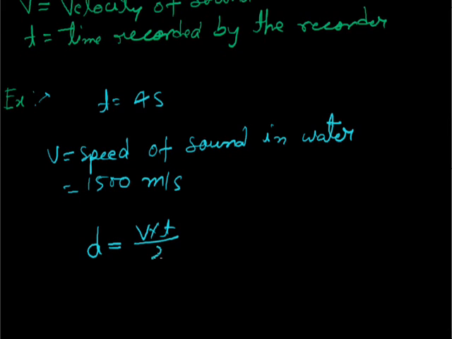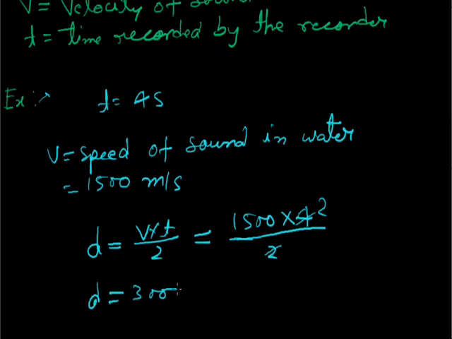Now we'll put in all the quantities. 1500 is the velocity, time t is 4 seconds, and divided by 2. So 2 twos are 4, and you will get the depth of the sea as 3000 meters. Okay.